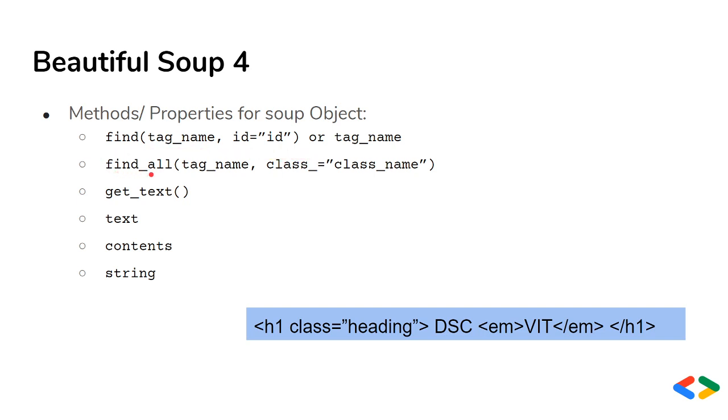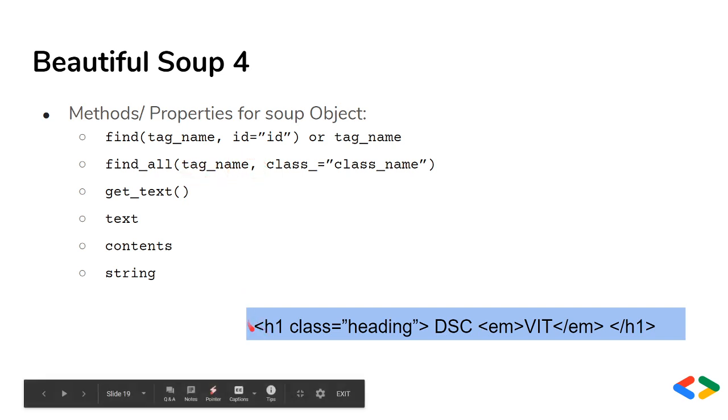When you use find all, it will return all the HTML elements to you in a list format. So you'll have the tag name here as well. This is h1, this is the tag name over here, and class will be equal to heading.